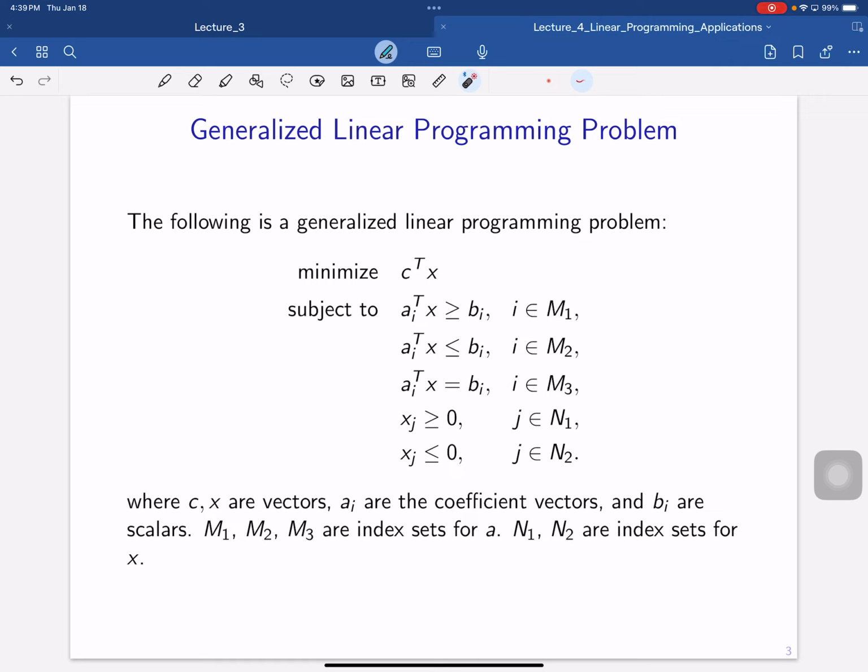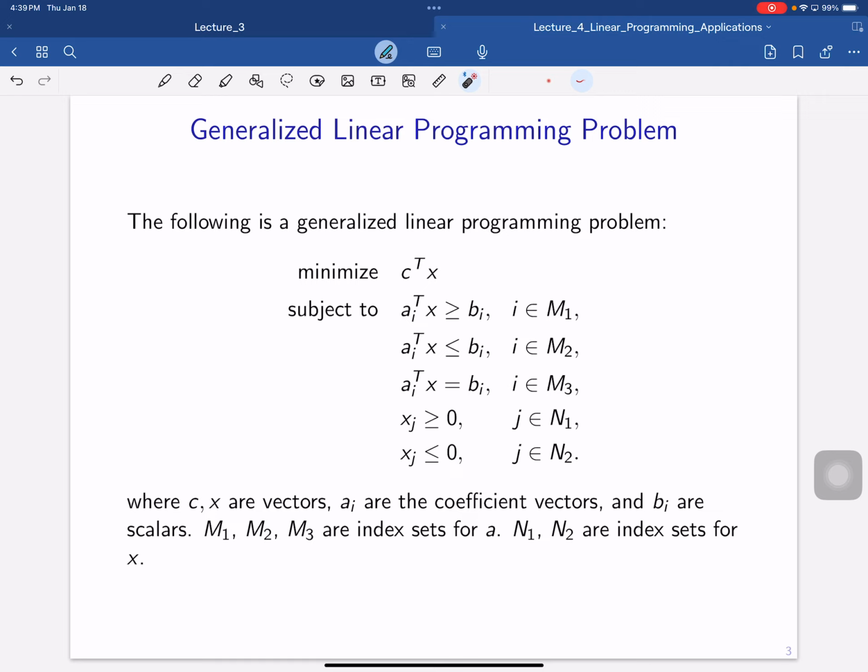Could you rewrite the last two in terms of the first? Yeah, exactly. I'm going to talk about that. As was just said, you can write the last 2 constraints in terms of those constraints, because you just choose a to be, for example, e_i, where the ith entry of that vector is 1 and all the other entries are 0.